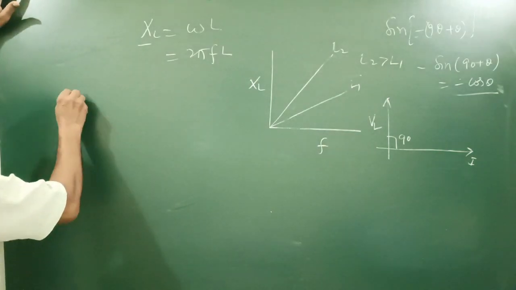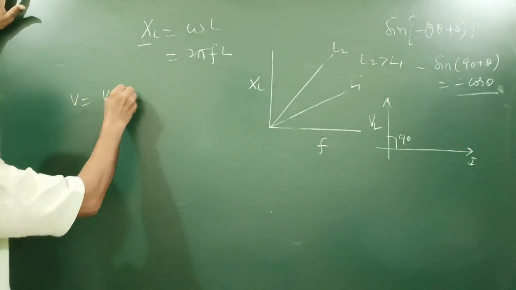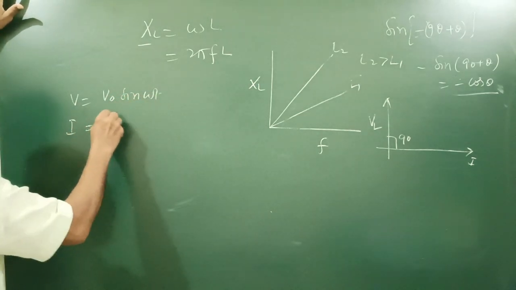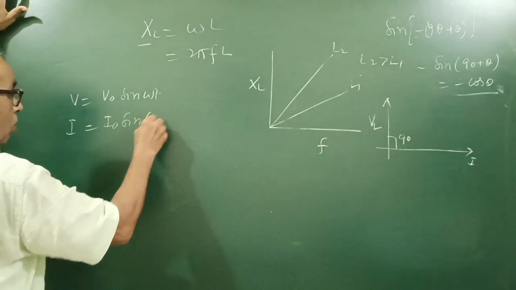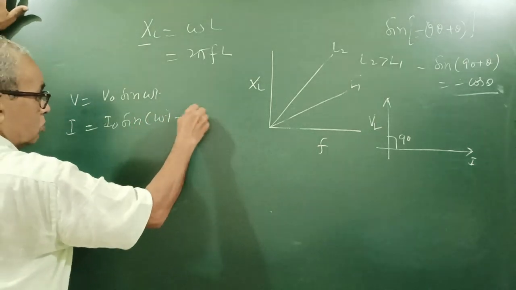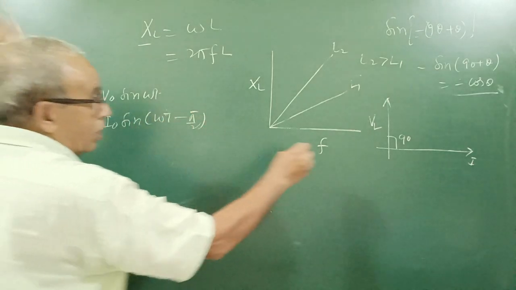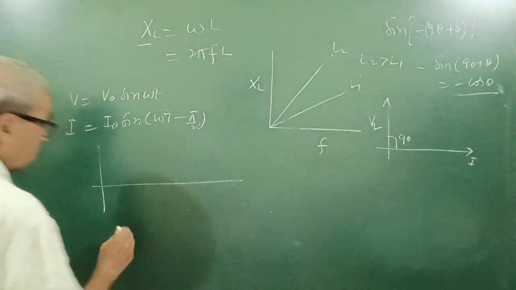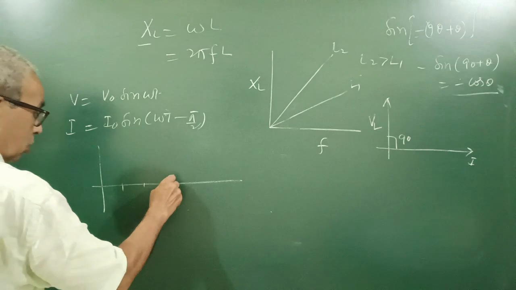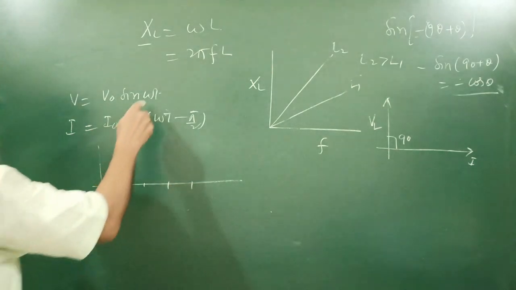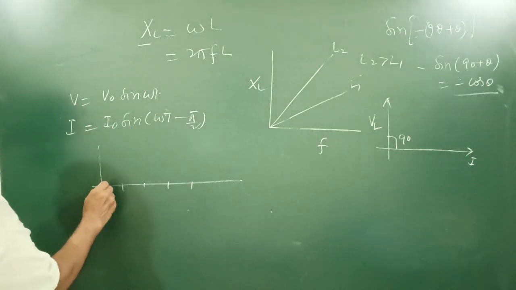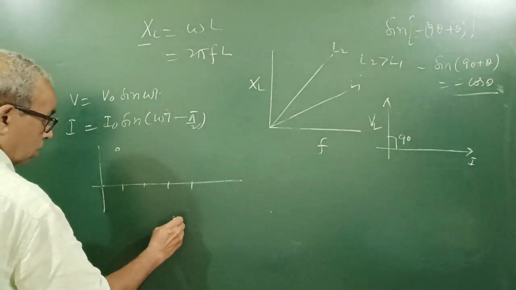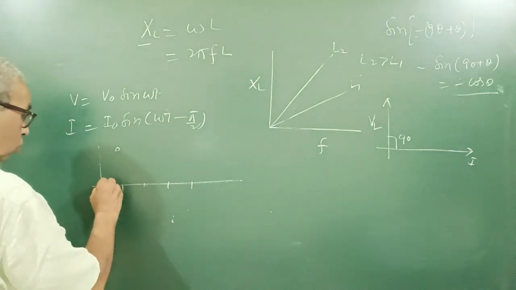Now here voltage was V0 sin omega t and current I was I0 sin omega t minus pi by 2. ये तो फेजर डायग्राम होगा. If you plot graph between T/4, T/2, 3T/4, T, equal to 0 पर V0 and this curve will come for voltage.